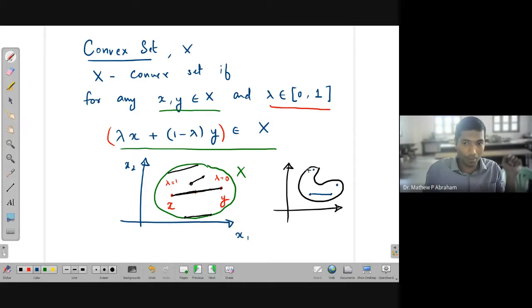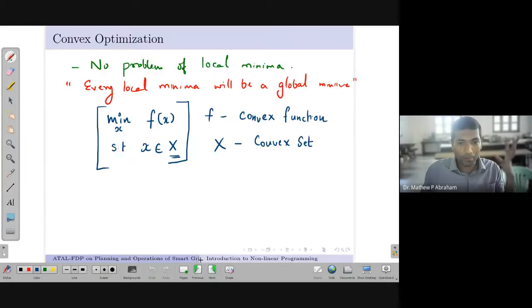Suppose I am taking a point x here and a point y here. If I try to draw a line between x and y, you can see that these points are outside the set. So this set X is not a convex set. So this is the basic definition of a convex set, and for a convex optimization problem, we require the set to be a convex set.